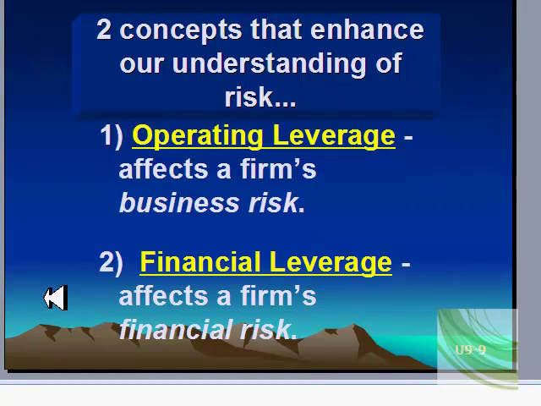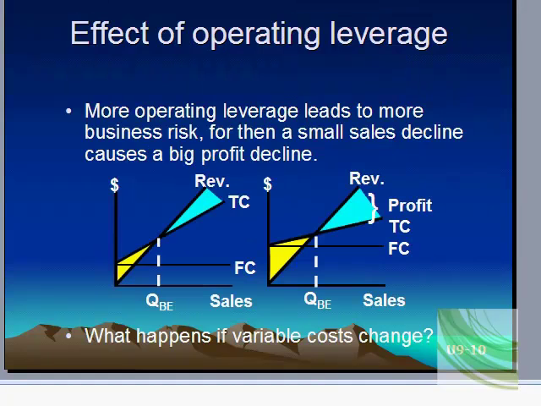To understand leverage, you have to look at operating leverage and financial leverage. Operating leverage, the fixed costs, will affect the firm's business risk, and financial leverage is the amount of borrowing it is doing. If your fixed costs are higher, obviously your break-even point is going to be higher. You have to cover the minimum base before you can make any profit.